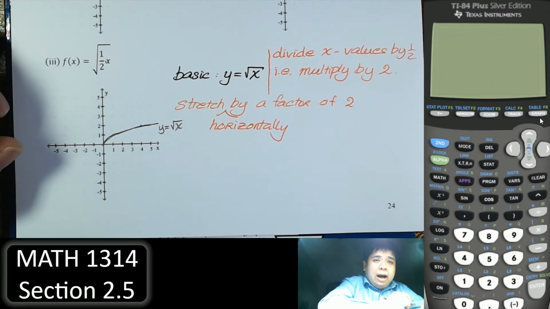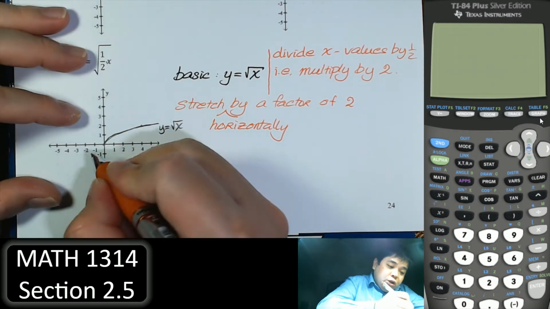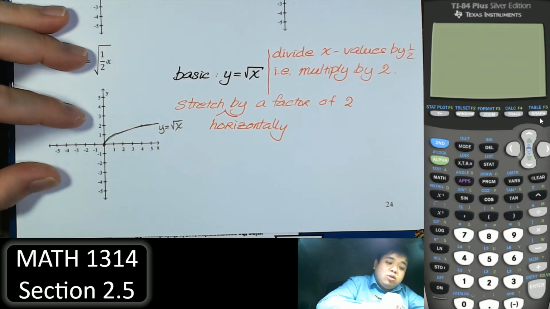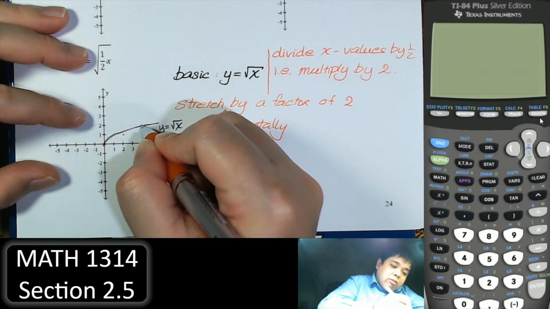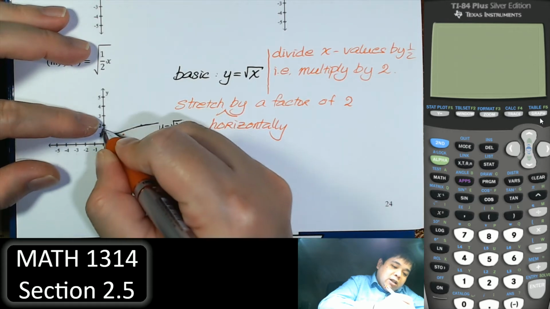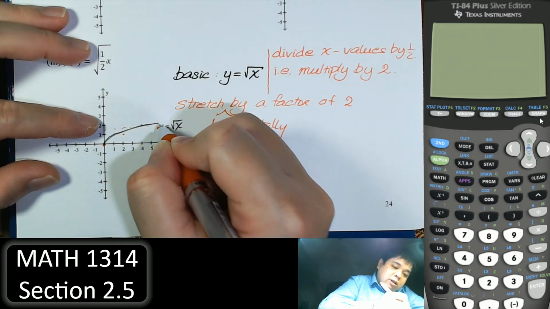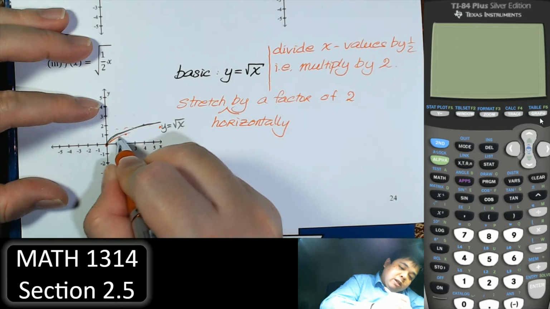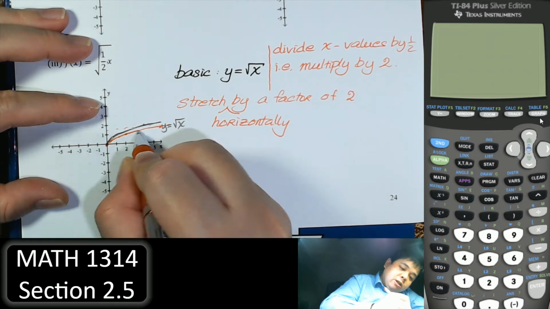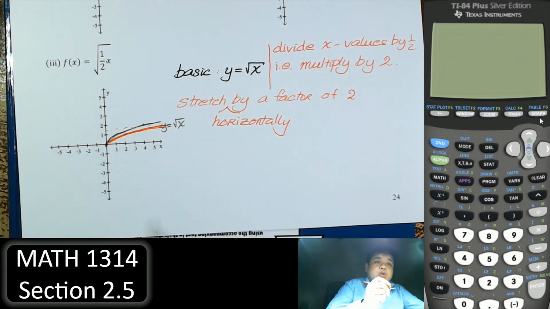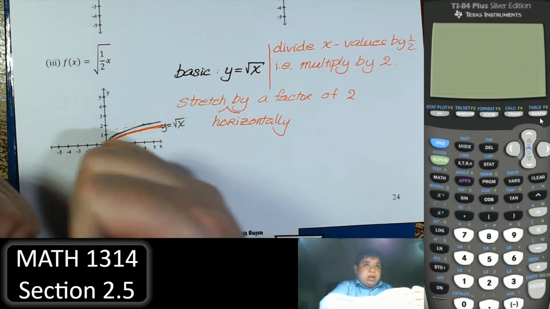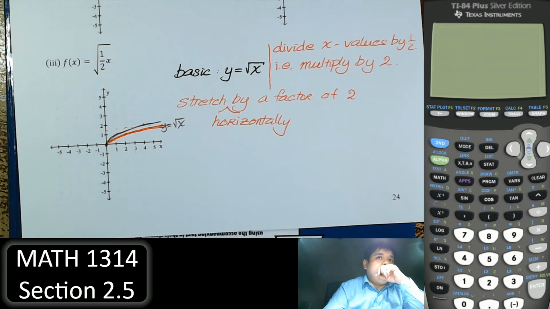So multiply the x values by 2. So 0 times 2 is still 0. 1 times 2 is 2. And then whatever that distance is, it's just going to double. So the graph here is going like that. As you see, we're going to stretch it horizontally. But let's just graph that function, right?